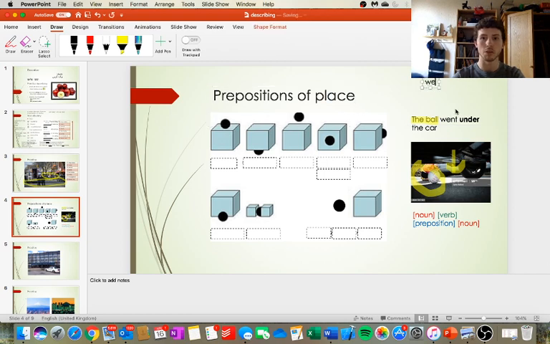Went is strange, went is the past tense of what? The ball went under the car. So noun, verb, went, preposition, under, and another noun, the car.